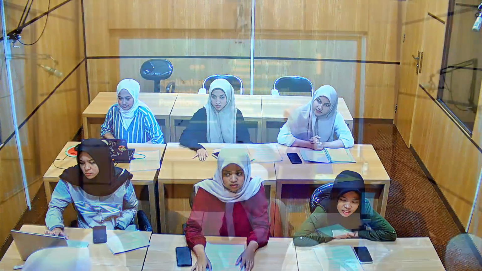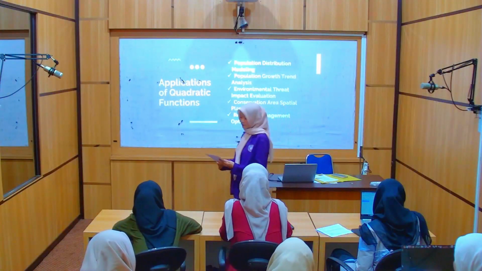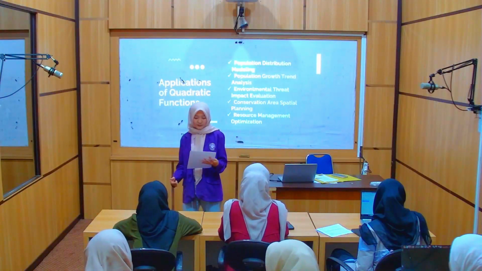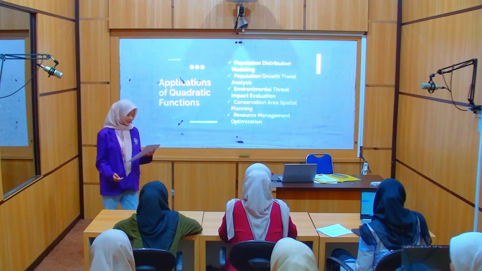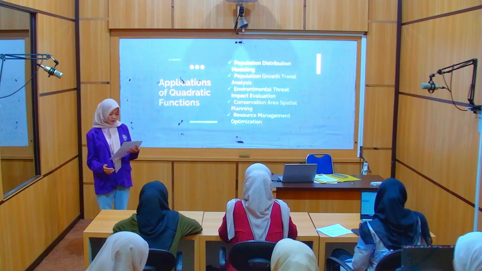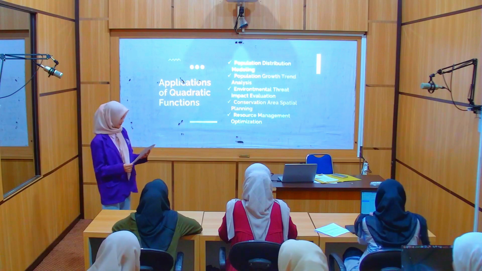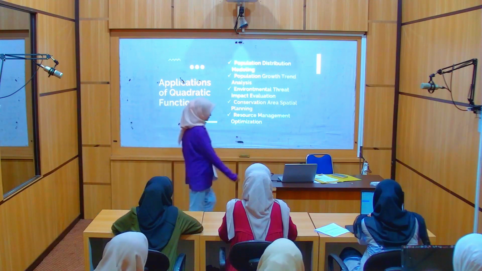Okay, Miss, quadratic functions can assist in planning the layout of conservation areas. Okay, and last, research management optimization. They help optimize the management of natural resources, for instance, finding the best conditions for a species to thrive. Okay, next.